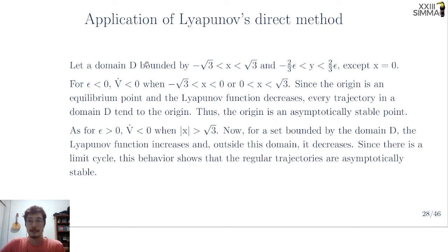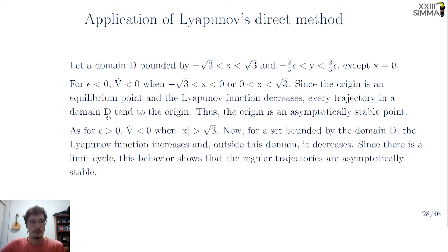Now we can analyze this function, and we see that for a domain defined this way, for negative epsilon, the Lyapunov function is strictly decreasing, so the origin is asymptotically stable.